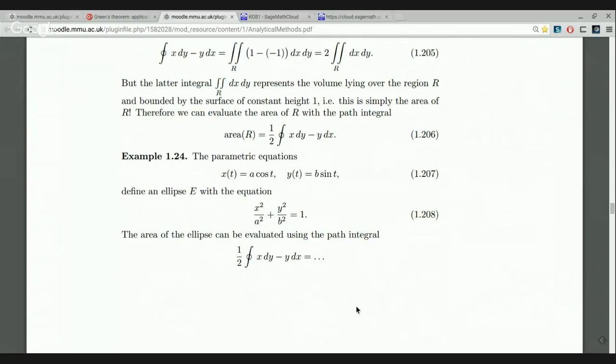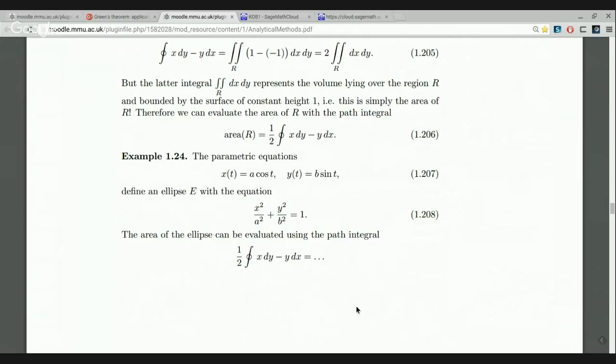Okay, so we're dealing here with an ellipse. It's an ellipse where you've got a on the x-axis and b on the y-axis. And this has the parametric equations x of t, which is a cosine t, and y of t, which is b sine of t.